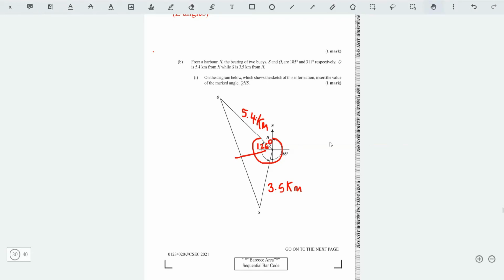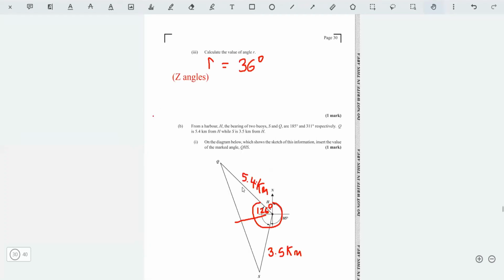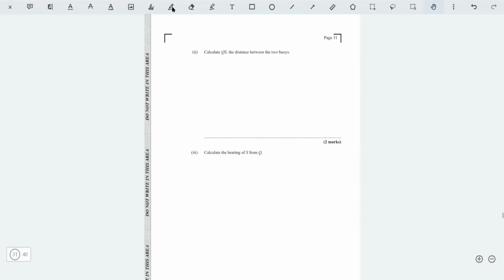That's 126 degrees. Now that that is 126 degrees, we need to calculate QS, the distance between the two buoys. We need to calculate QS. All right, now that we know what this angle is, we can use the cosine rule to calculate QS.